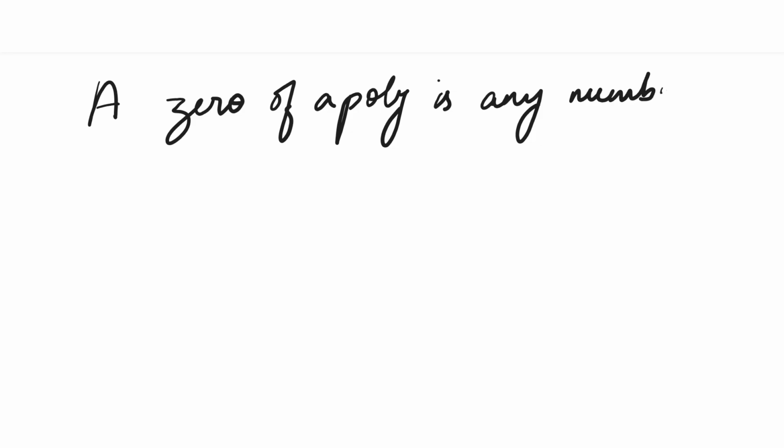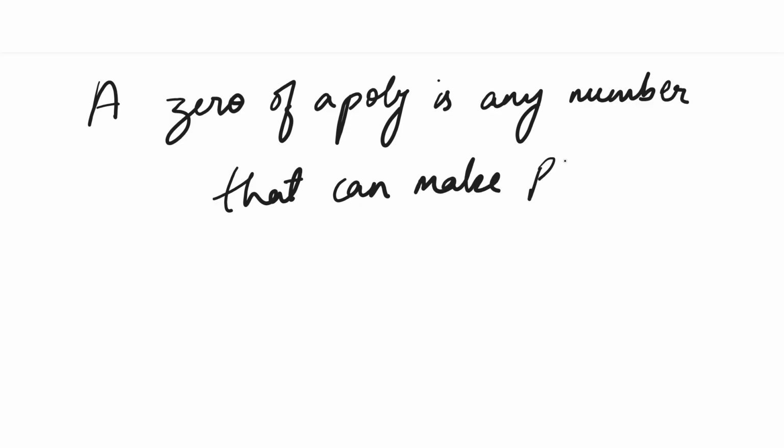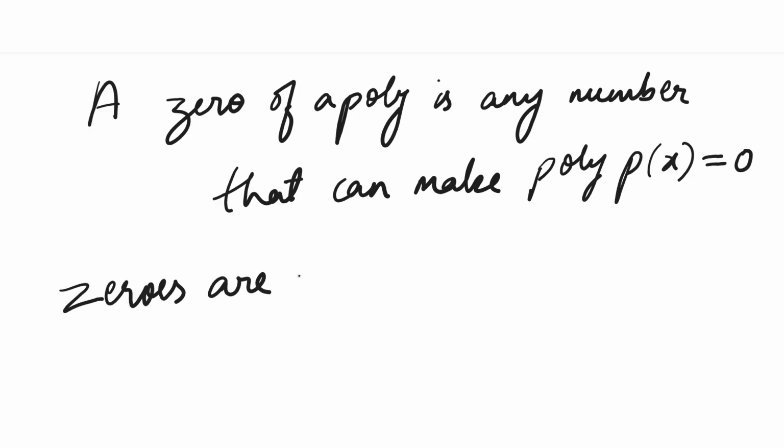So in general, I can say that a zero of a polynomial is any number that can make the polynomial p of x equal to 0. Basically, zeros are values of x.